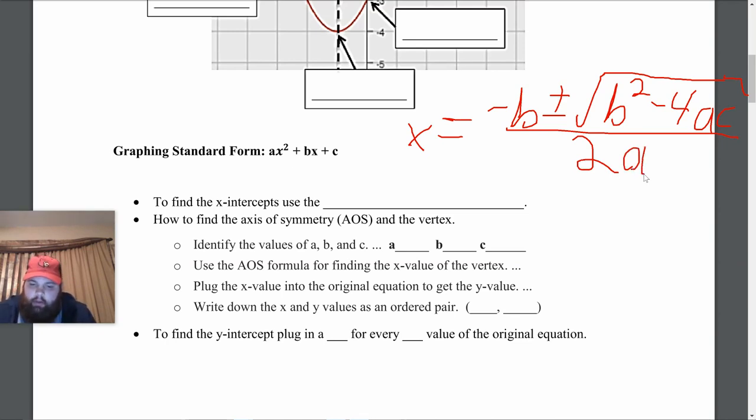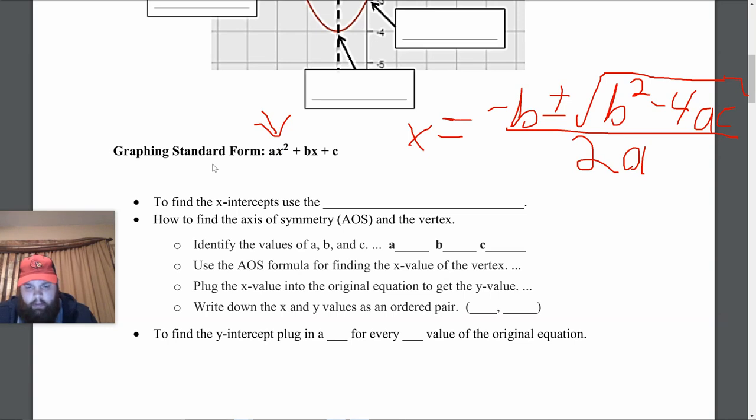And you can see right here, if we have certain numbers in there, it could be like 3x squared plus 2x plus 1. We'd know our a in this case would be 3, our b would be 2, and our c would be 1. And we'd take that information, our a, b, and c, and plug it in here. And that's how we do that. In a second, I'll show you an example with actual numbers here. But for right now, we're going to fill out the rest of this section.